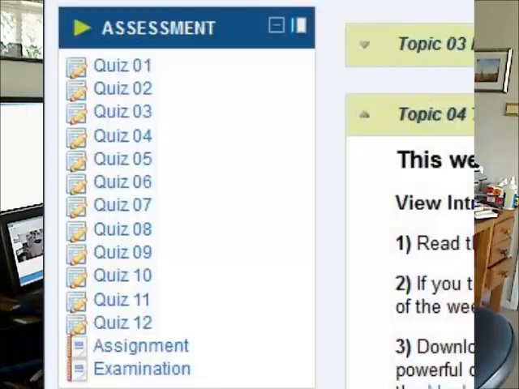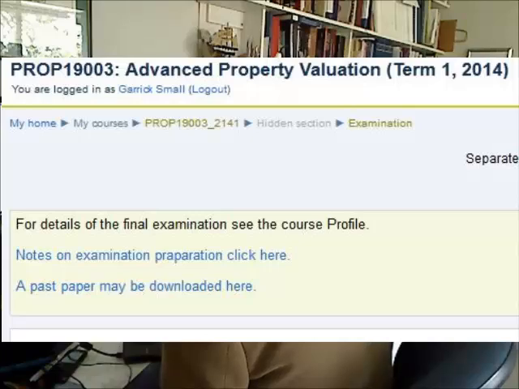Let's look now briefly at the assessment, and particularly the examination. You'll find that if you go to the assessment block and click on the examination tab, there's a link there that brings you two resources.